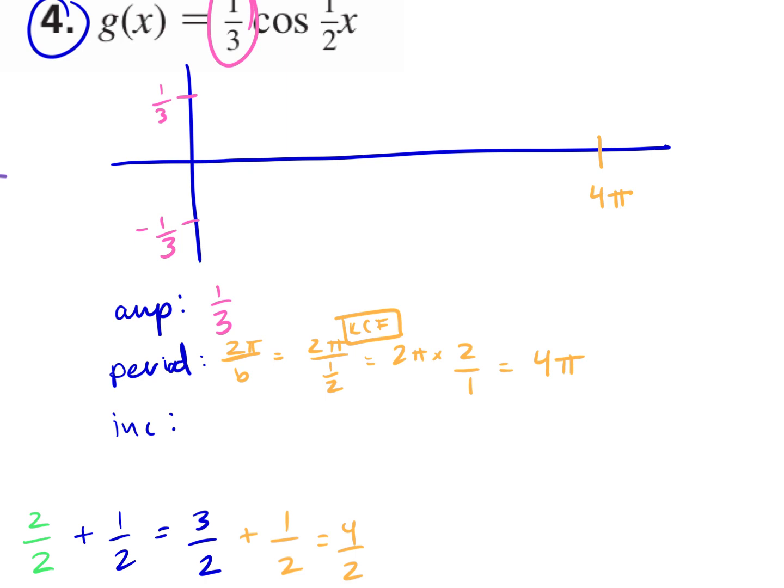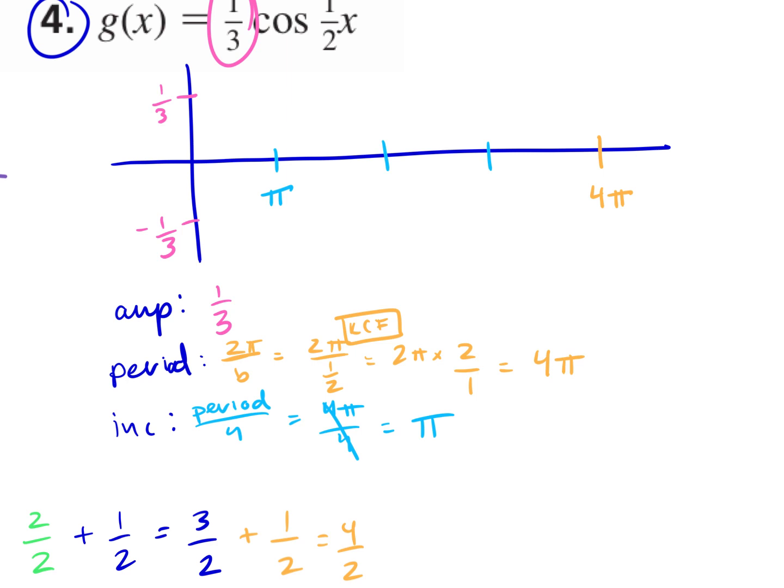How do I find the increments? We take the period and divide it by 4. So 4 pi divided by 4 is pi. So our first increment is at pi. Got to find 2 more. How do I find the next one? Add pi.